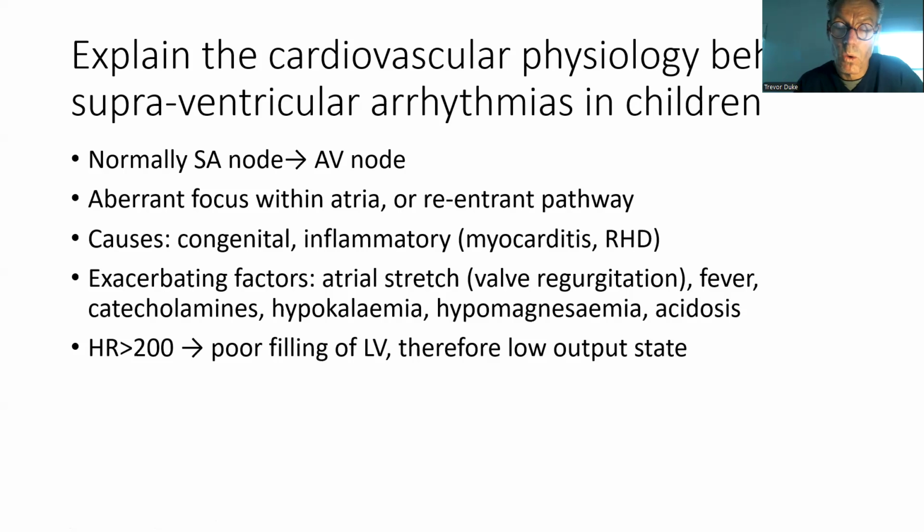within the atrium, or again, this is a bit of a difficult concept, a condition called a reentrant tachycardia. Most SVTs are actually reentrant tachycardia, which means that the cardiac impulse goes from the atria to the ventricle, but then there's a retrograde conduction pathway that goes rapidly back to the atrium, and so there's a constant circular pathway between the atrium and the ventricle, and that's why the rate is so high.